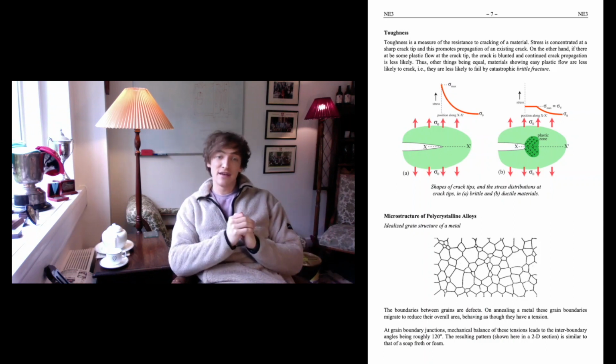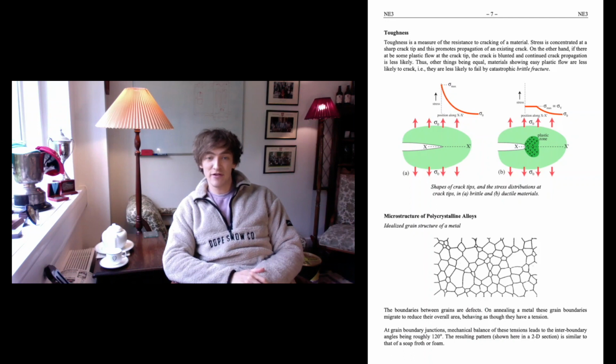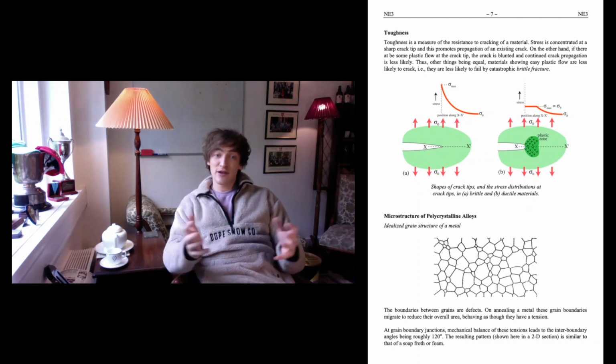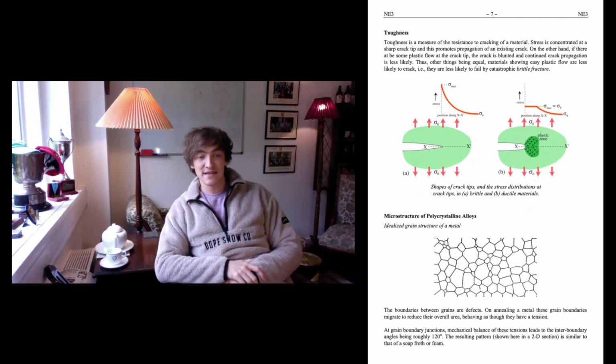And because of that, you get the pattern that we see in this micrograph, in this figure in 2D, similar to that foam I mentioned, like a soapy foam. And that's why a lot of materials end up looking like that. Isn't nature magical?